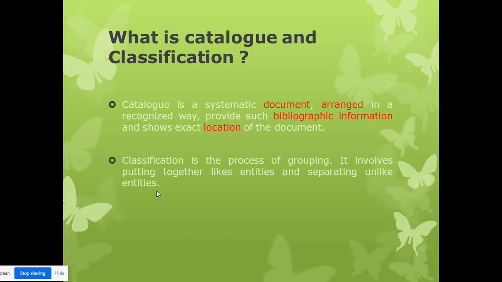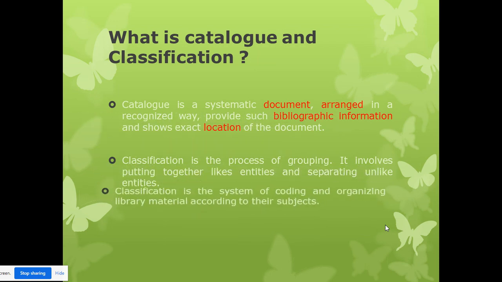Computer science is separated from all other subjects, and all other subjects are kept in another location. That is called separating unlike entities.